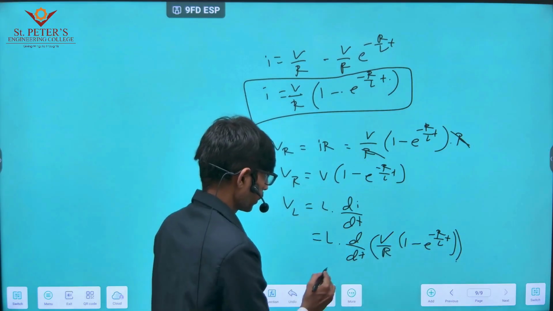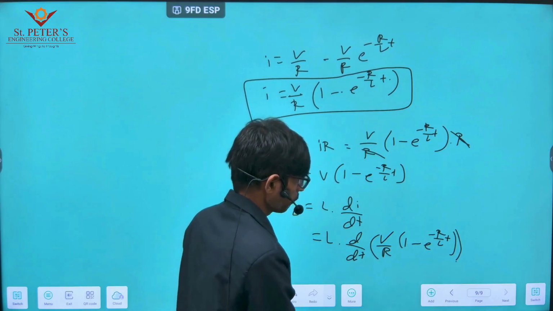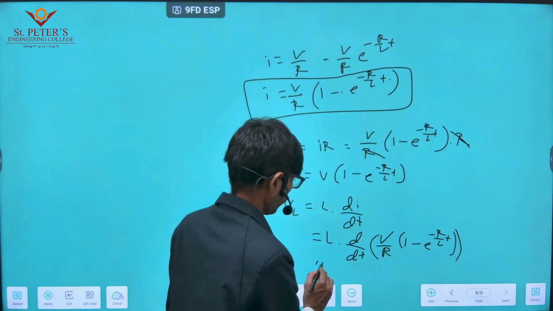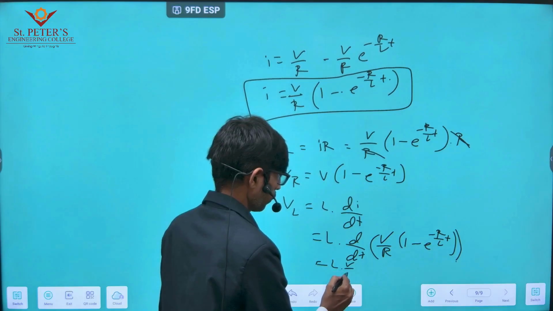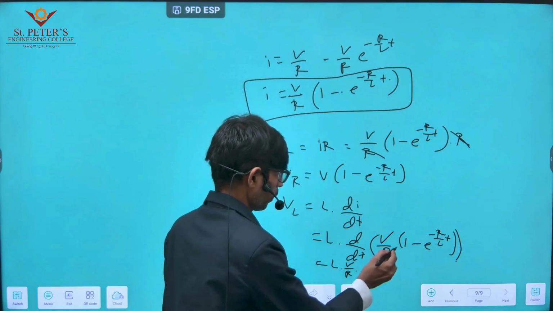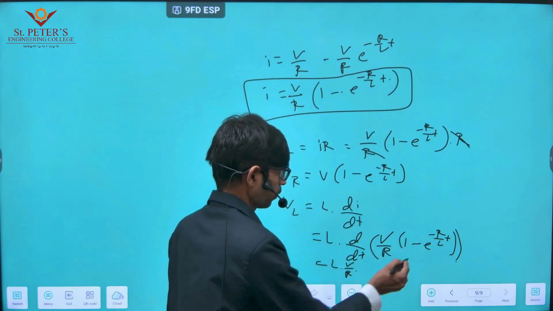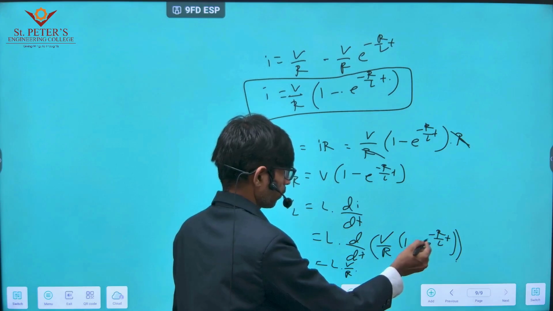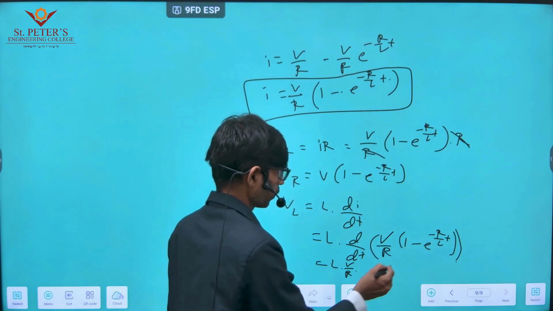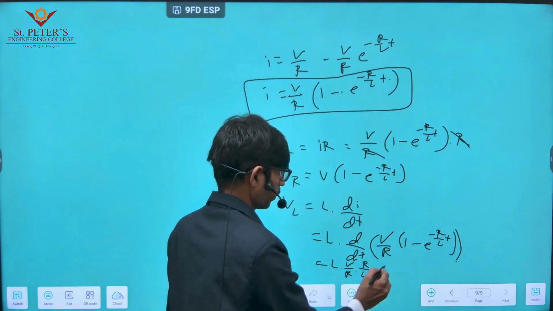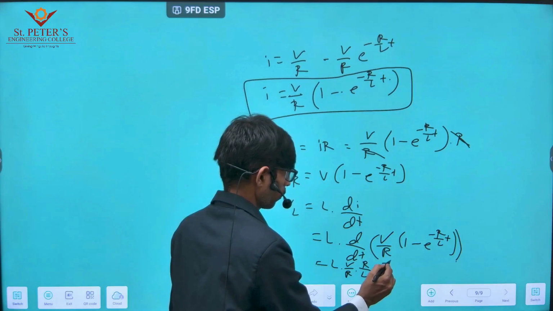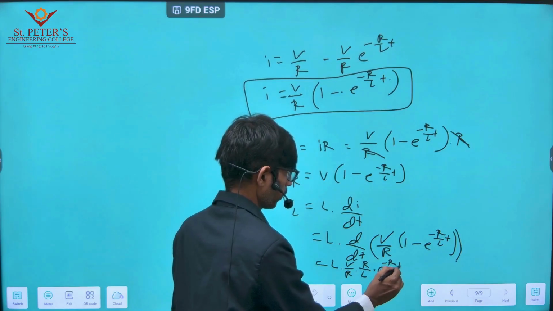If we differentiate here, we get L into V by R into the differential of 0 minus R by L, which will be multiplied, so minus into minus gives plus, R by L into e to the power of minus R by L t.